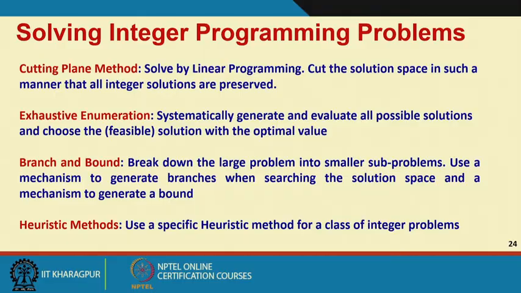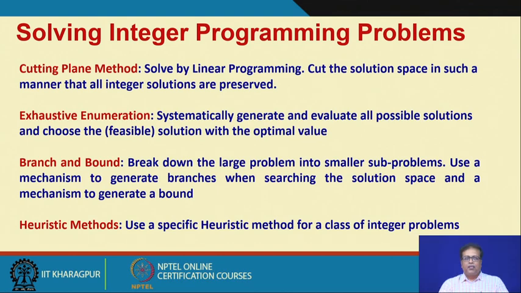The first method, the cutting plane method, is like this: first of all, solve the problem by linear programming and cut the solution space in such a manner that all the integer solutions are preserved. So, what is this cutting plane method? We have to solve an integer linear programming problem.